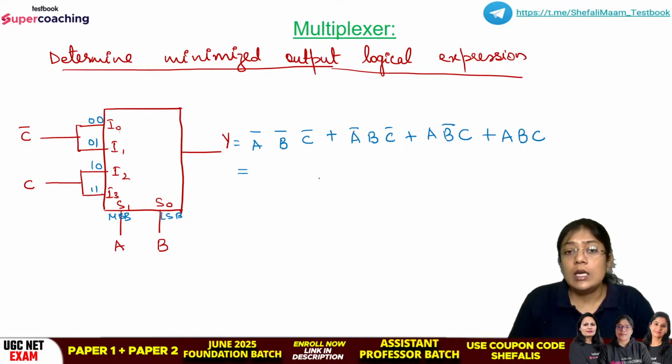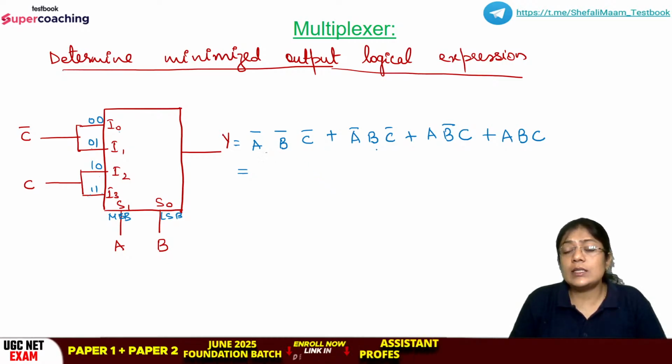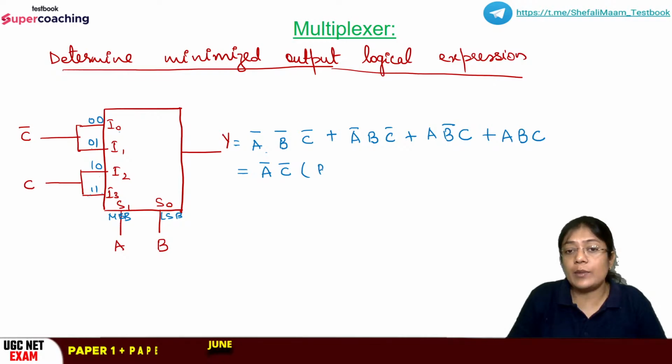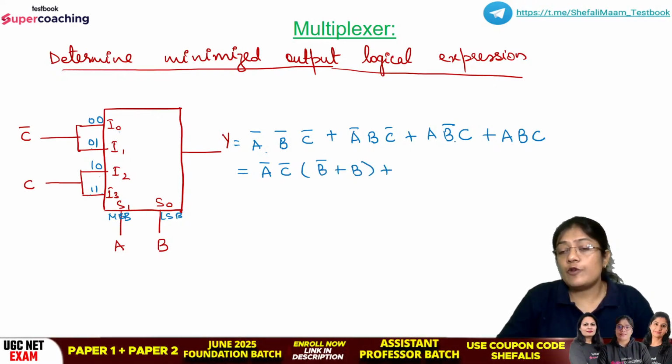From this expression, from the first two terms I'm taking A complement, C complement common. I'm getting here B complement plus B. Plus, from the last two terms, I'm getting AC common.